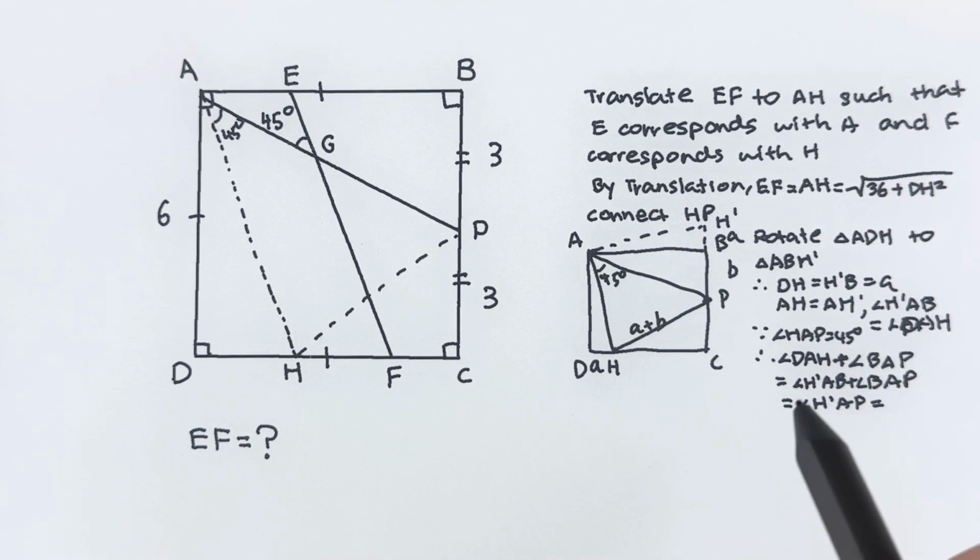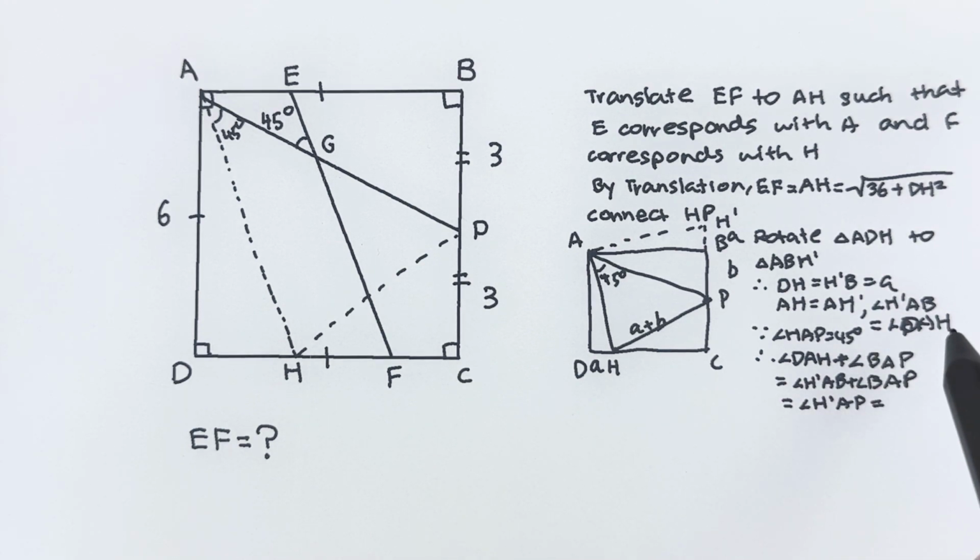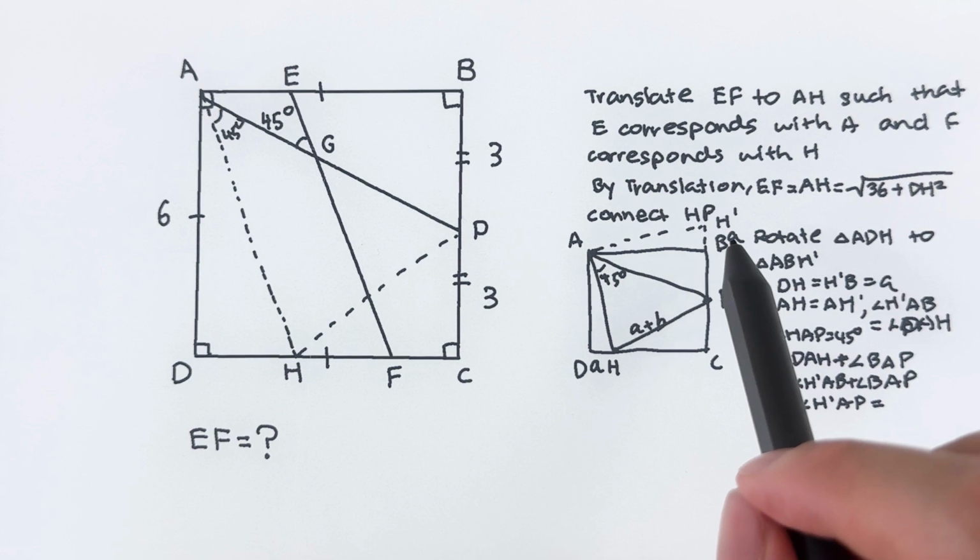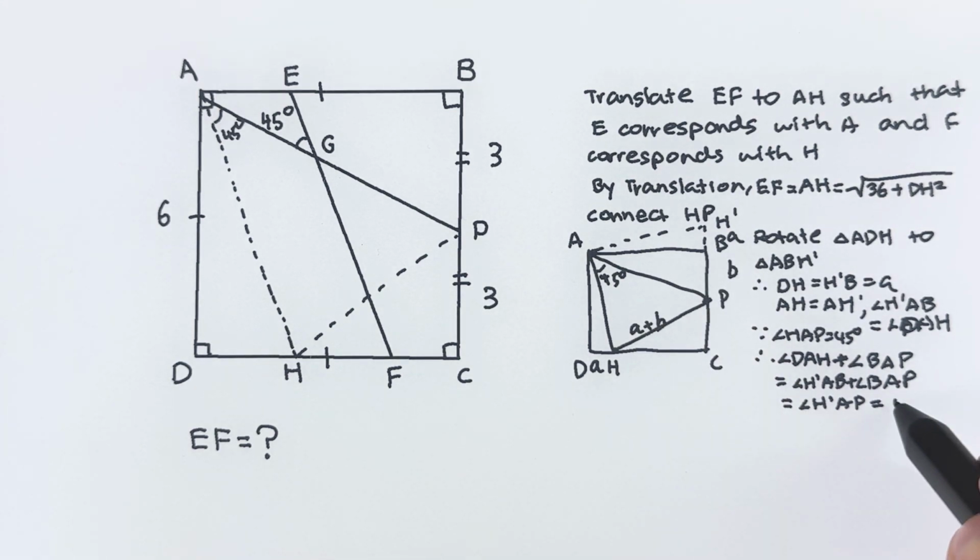Well, we know that angle DAH plus angle BAP equals 90 degrees, which is angle DAB, minus 45 degrees. So this also equals 45 degrees.